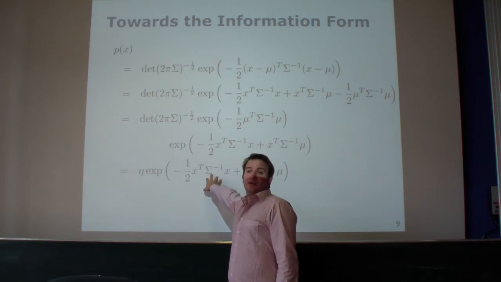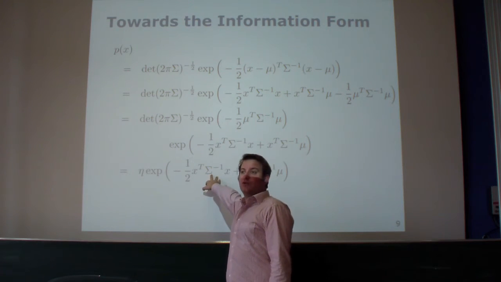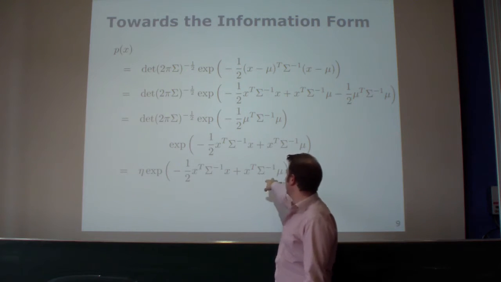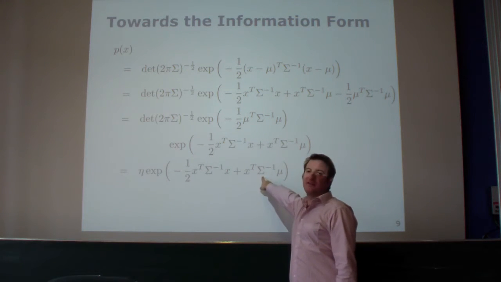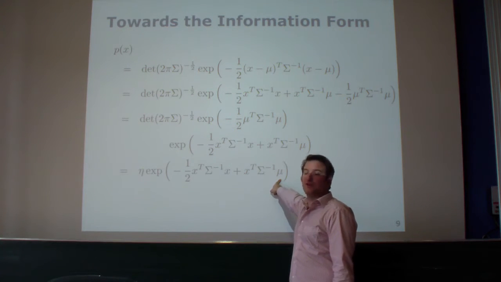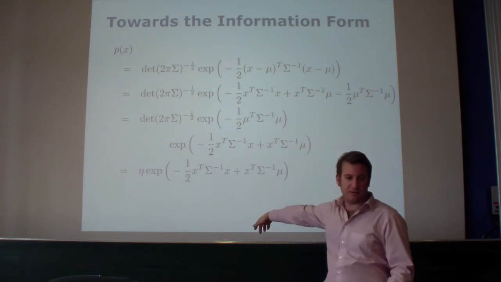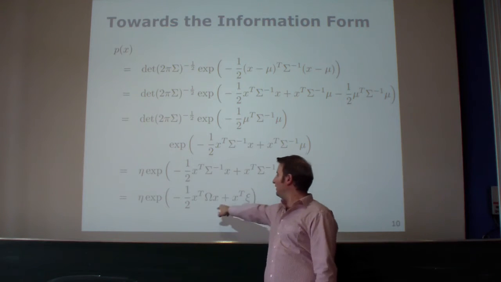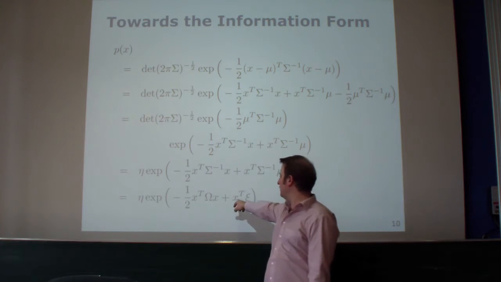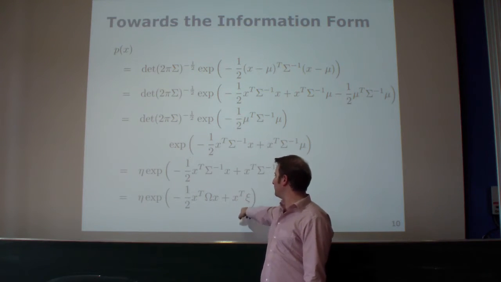This term, sigma to the power of inverse, was what? Omega. Exactly, so this is the information matrix. And here we have sigma to the power of -1 times the mean, which was psi, the information vector. So we can replace that and end up here with x transposed omega x plus x transposed psi.